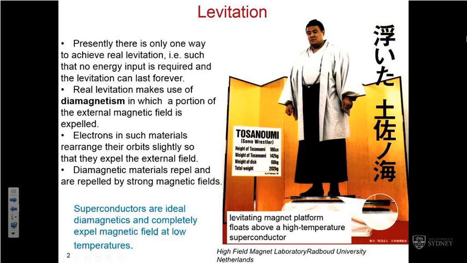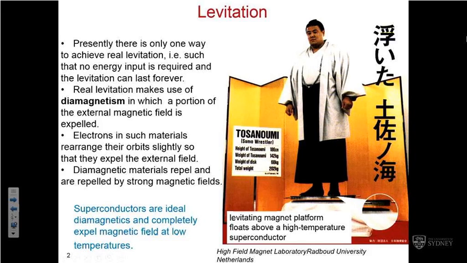On their research page they talk about this experiment, and you can see a huge sumo wrestler being levitated on this magnet. Underneath is a superconductor, which is the ideal kind of diamagnet where all of the field lines are excluded from the superconductor.